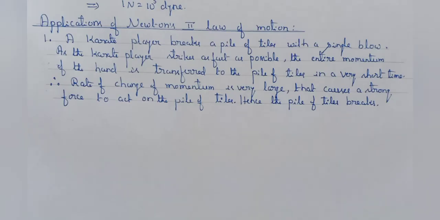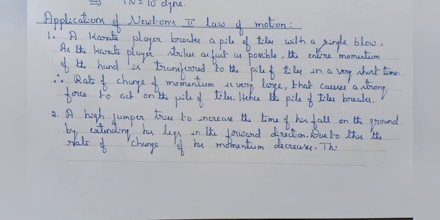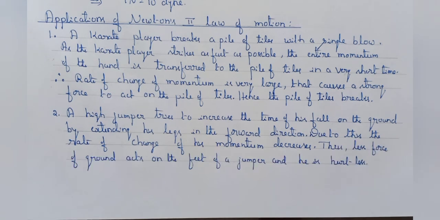Another example, a high jumper tries to increase the time of his fall on the ground by extending his legs in the forward direction. Therefore, the rate of change of his momentum decreases. Therefore, less force of the ground acts on the feet of the jumper and he is hurt less.